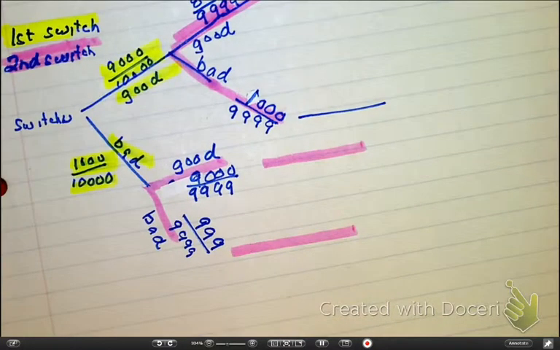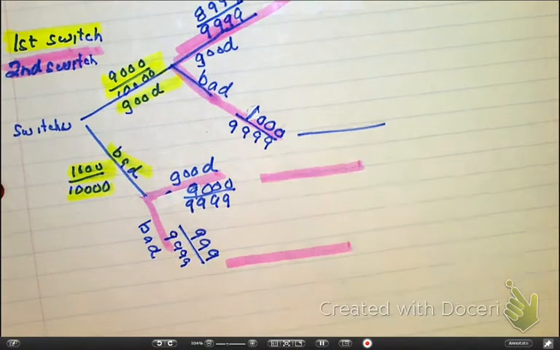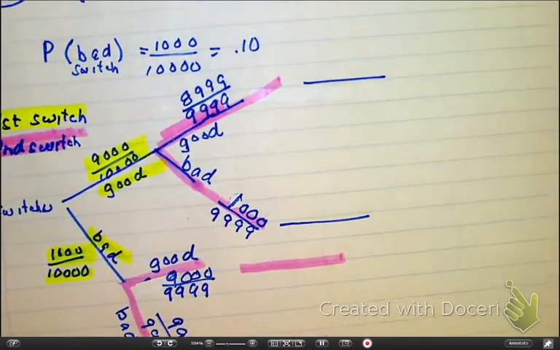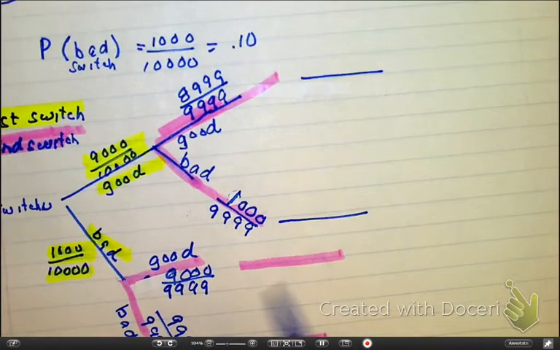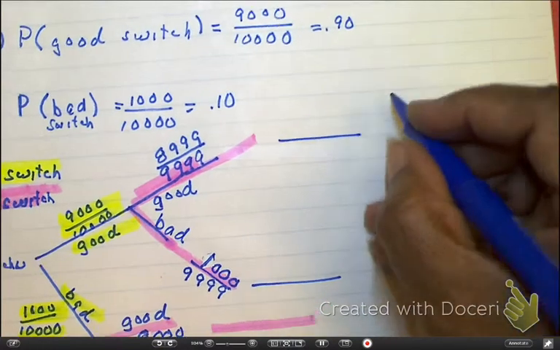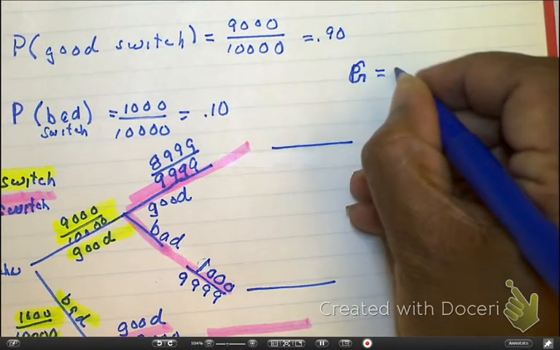Okay, now what I want you to do is take the time to do your multiplication. But before we do our multiplication, I want to show you something that I showed you yesterday, what all this means. So first of all, here I'm going to be using G for good.